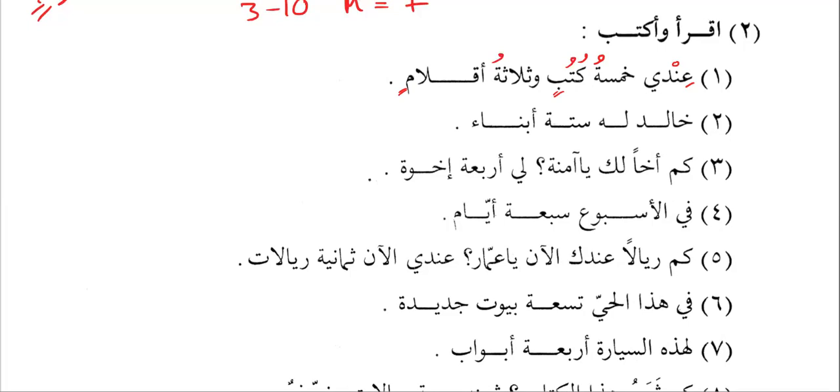جيد. قاسم. خالد له 6 أبناء. أبناء, مضاف إليه. ما معنى الجملة؟ Are you awake, Qasim?